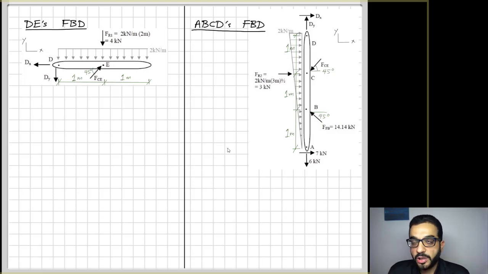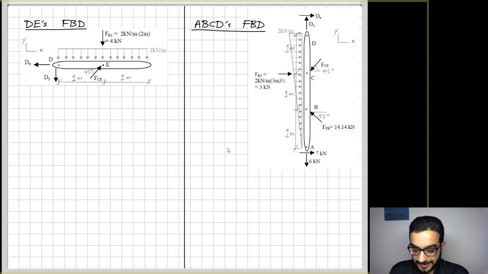And we're lucky because the 3 unknowns show up on both free body diagrams: Dx, Dy, and FCE. Nothing more, nothing less. Every free body diagram gives me 3 equilibrium equations, so I can solve for these 3 unknowns using either one of the free body diagrams.